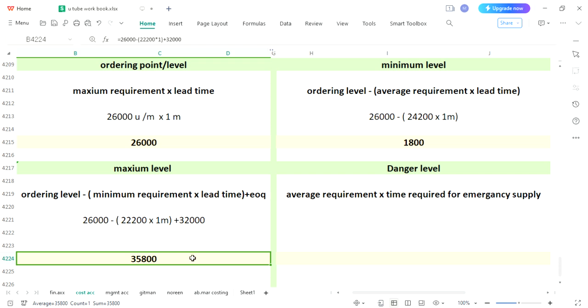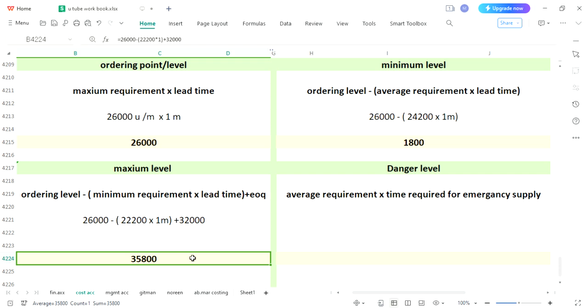Maximum level means we do have a store, we have a godown, and its capacity is showing that only 35,800 is the number of units which we can handle. If we buy more units than 35,800, it would be hard to store, it would be hard to take them to the godown, transportation would be difficult, handling would be difficult.